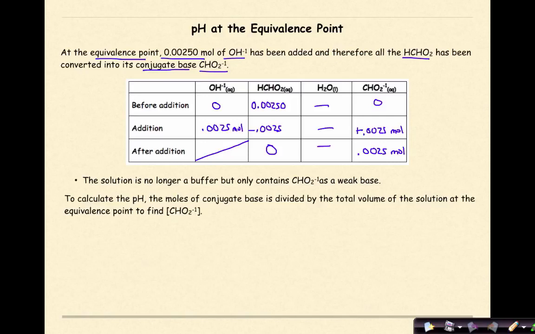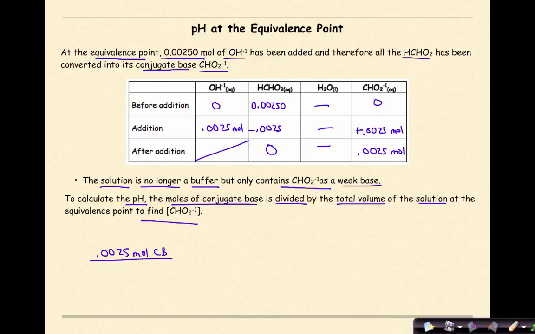At this point, with all of our weak acid consumed, the solution is no longer a buffer, but only contains CHO2 minus 1 as the weak base. To calculate the pH, the moles of the conjugate base is divided by the total volume of the solution at the equivalence point to find the concentration of CHO2 minus 1. So we're going to take our moles of our conjugate base, 0.0025 moles of our conjugate base, and we're going to divide it by the total volume.